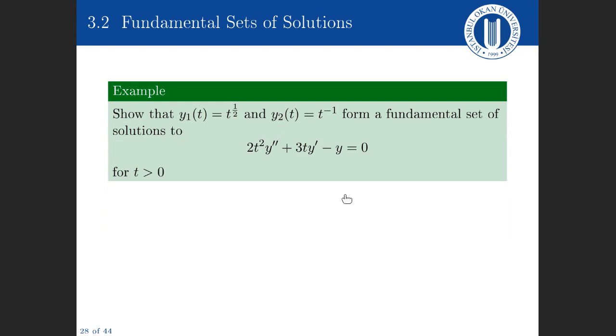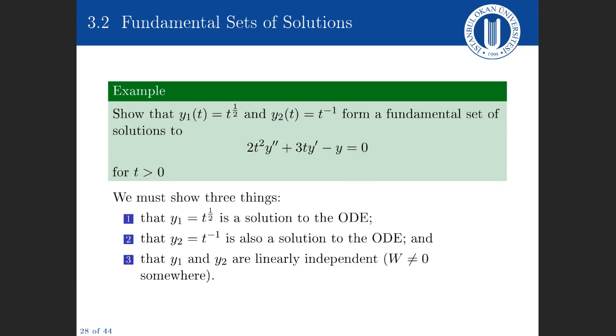For example, show that t to the power of a half and t to the power minus 1 form a fundamental set of solutions to this differential equation. And just because we don't want to be worrying about square roots of negative numbers and dividing by 0, we're only going to be looking at this for strictly positive t. So what do we need to do?